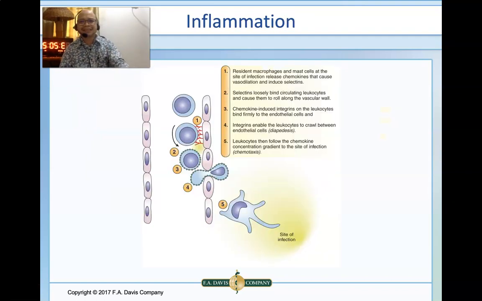But before I discuss phagocytosis, let me go back to inflammation. What's the purpose of inflammation? Number one, you do not want to have systemic infection, so you want to localize the infection and not spread it further. Number two, tissue repair, in order for you to heal.